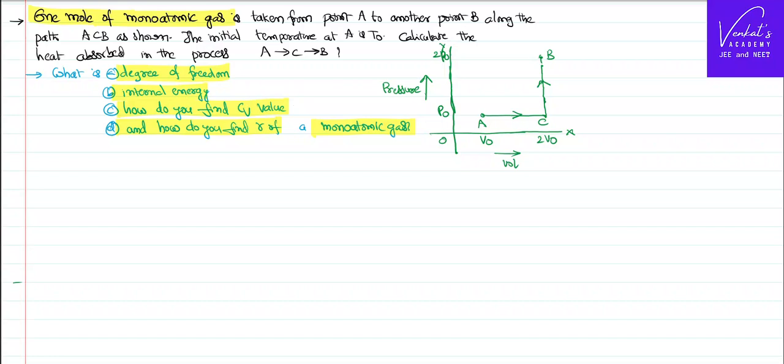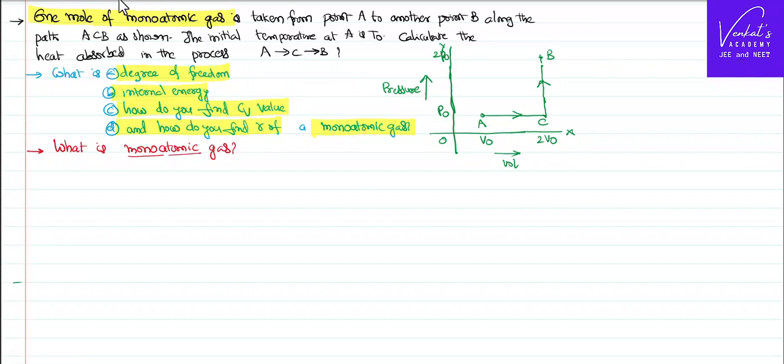Let's focus a little on what we mean by a monoatomic gas. My first question is, what is a monoatomic gas molecule first of all? Let's assume this is a lesson on monoatomic gases for a while. Mono means only one.